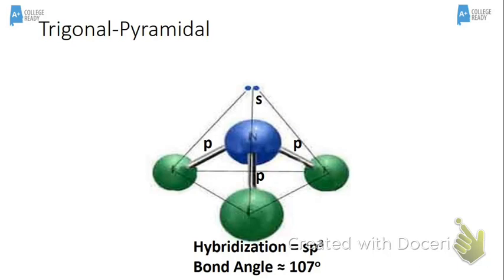Trigonal pyramidal is from the tetrahedral family, so its hybridization did not change. Since it has that lone pair, it pushes the bond angle down to about 107 degrees. Again, there is a range of numbers that they will take for your bond angle within reason.